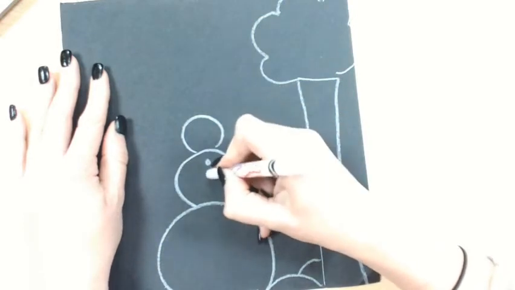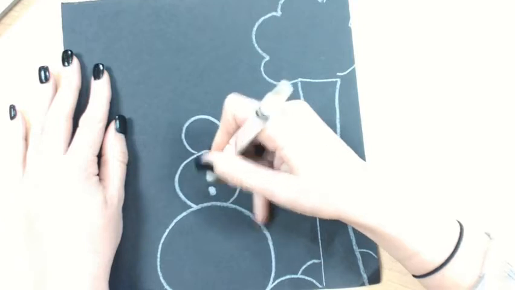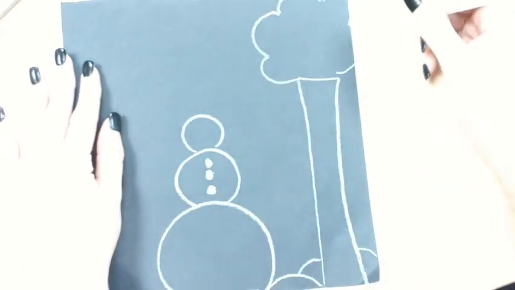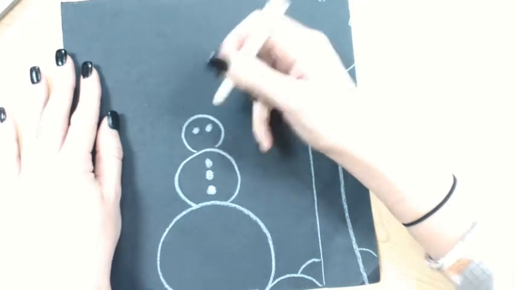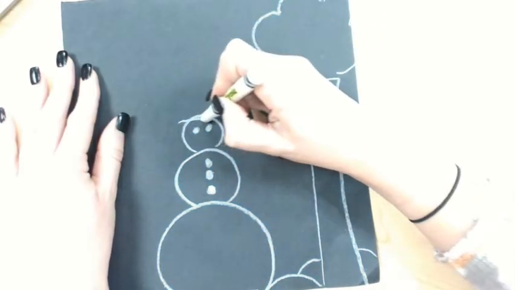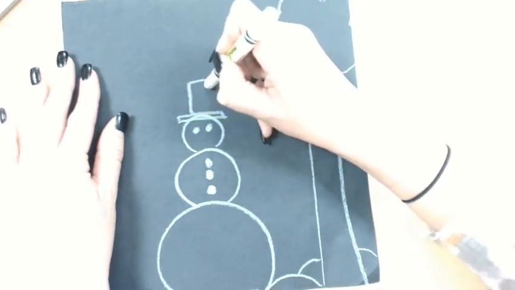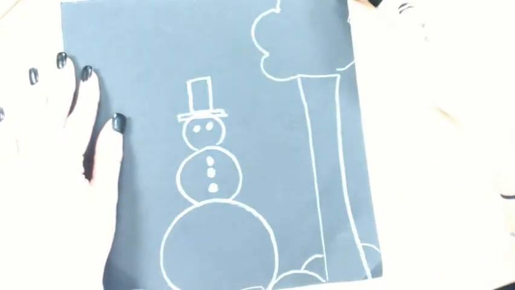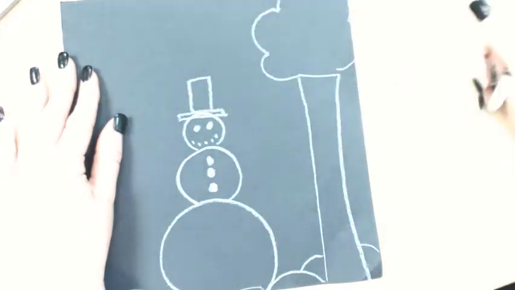I'm going to draw my buttons on my snowman. My eyes. And don't forget about your hat. For the hat, you just draw two rectangles. And some dots for the mouth.